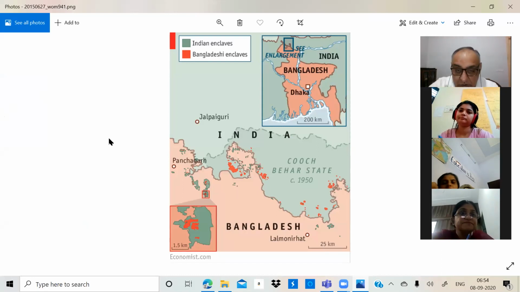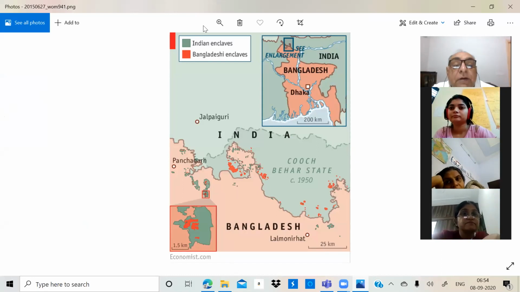Okay, so beta, see in this map, these dots with the red, you are seeing these red dots where the cursor is now. So these areas, you can see this, and this area.